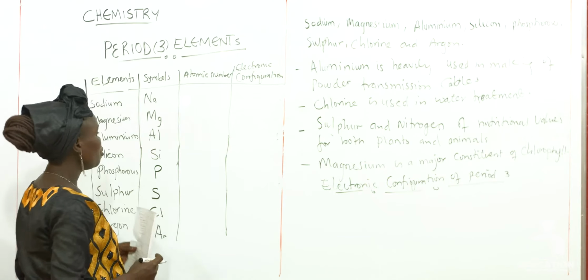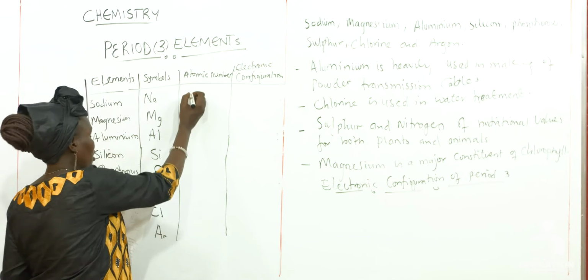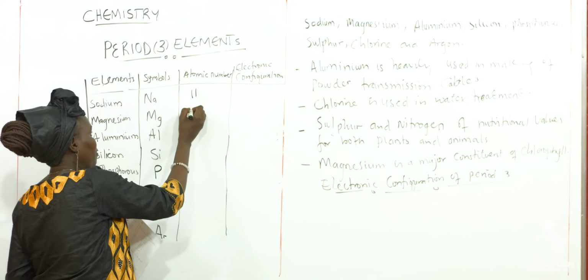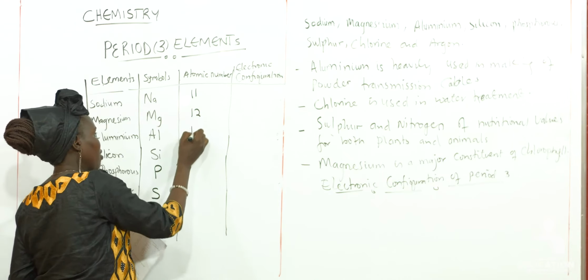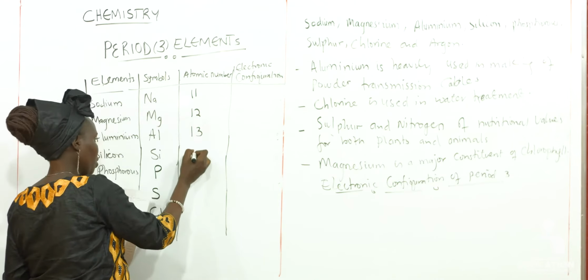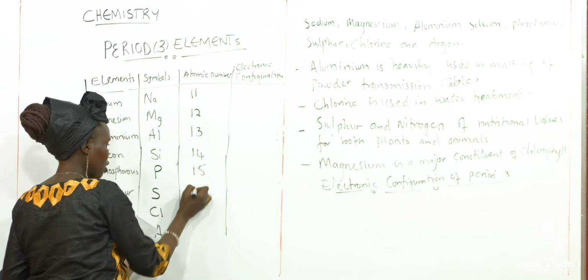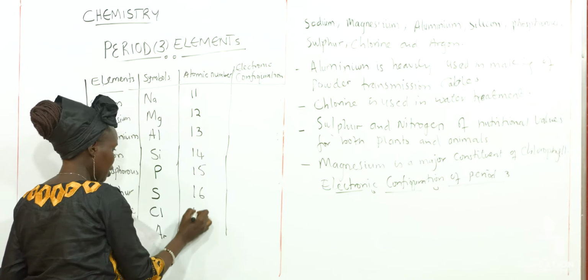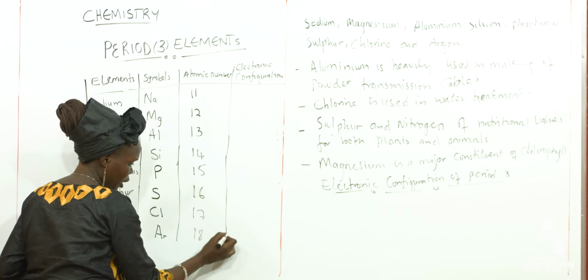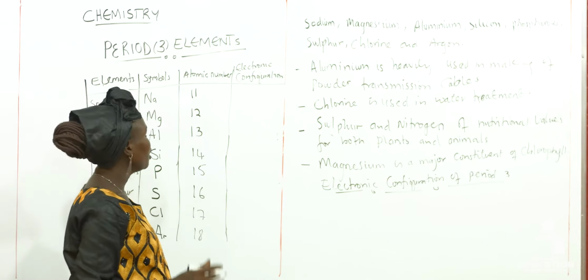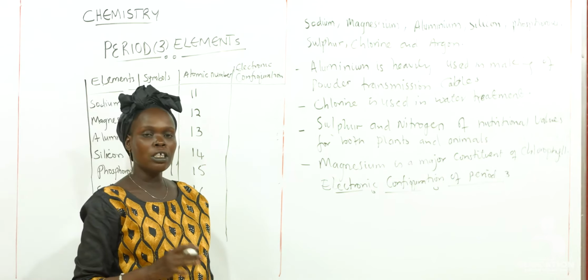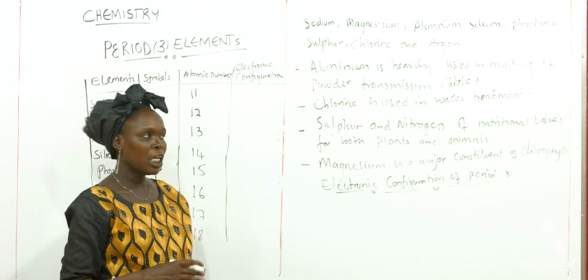So we have the atomic numbers for these elements: 11, 12, 13, 14 for silicon, 15, 16, 17, and 18. So these represent the electrons, shown as the atomic numbers.